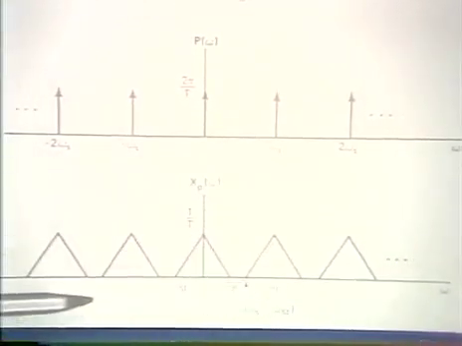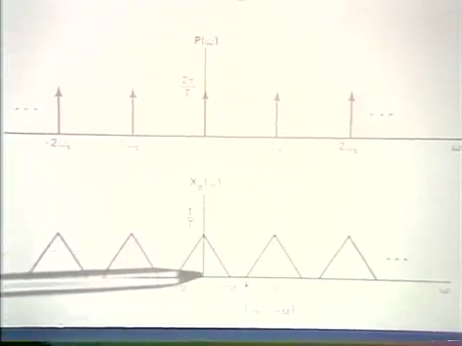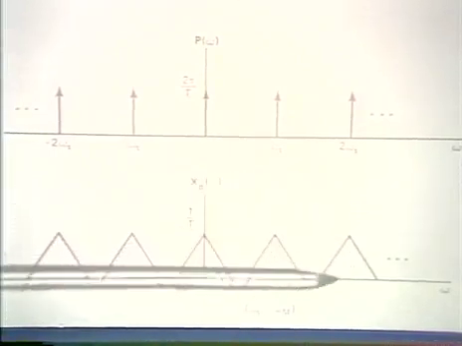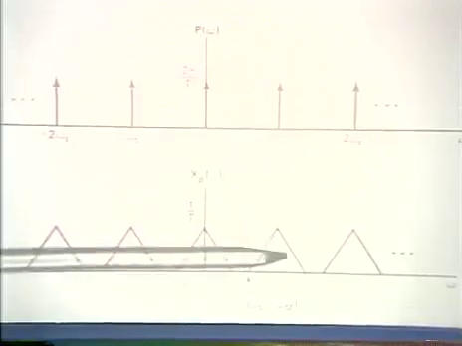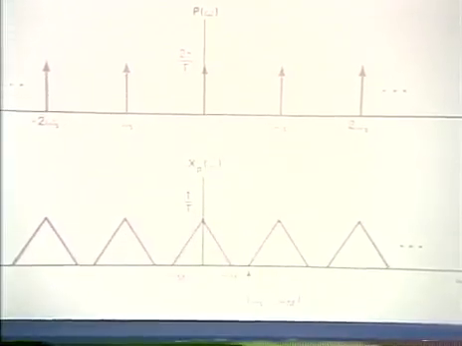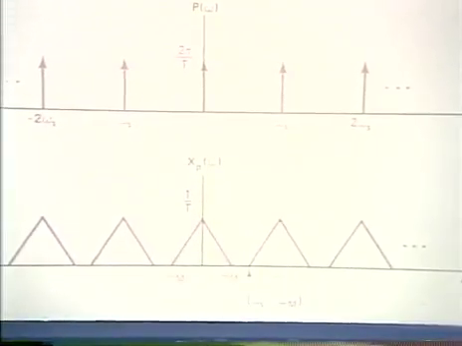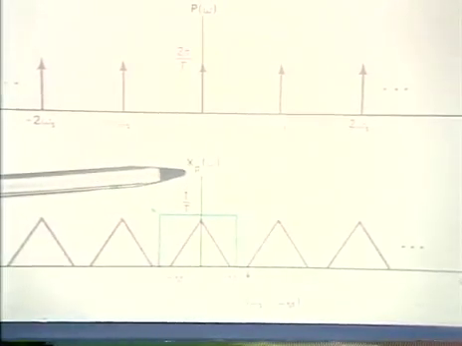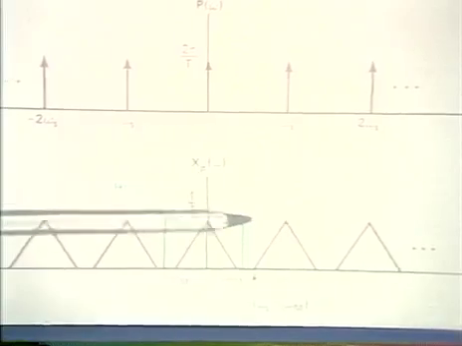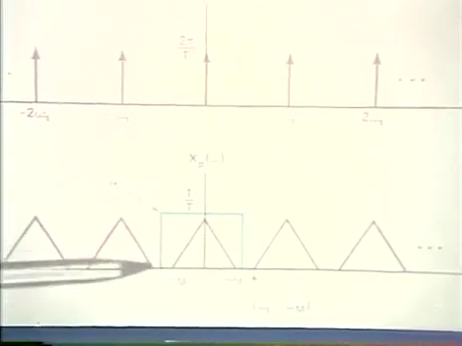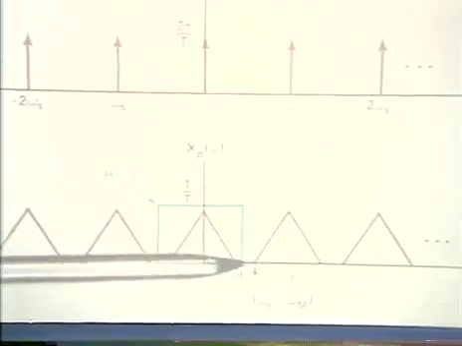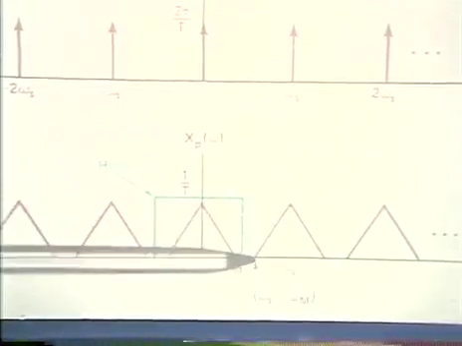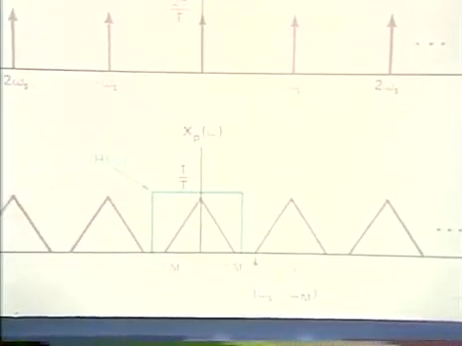And then, as you recall, to recover the original time function from this, as long as these individual triangles don't overlap, to recover it just simply involves passing the impulse train through a low-pass filter, in effect extracting just one of these replications of the original spectrum.